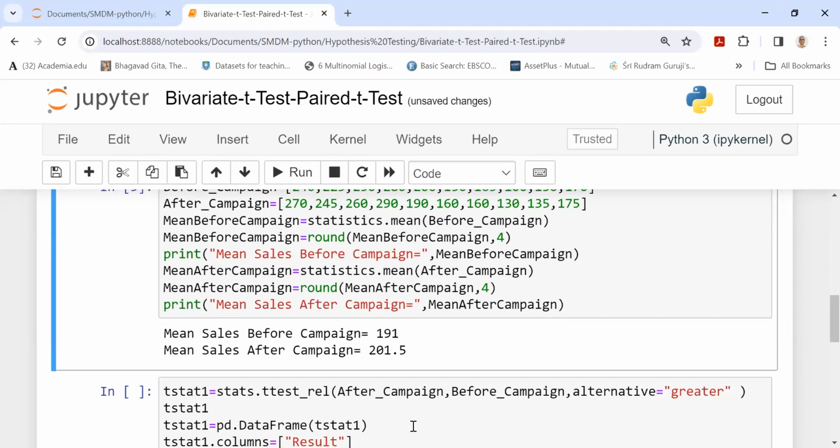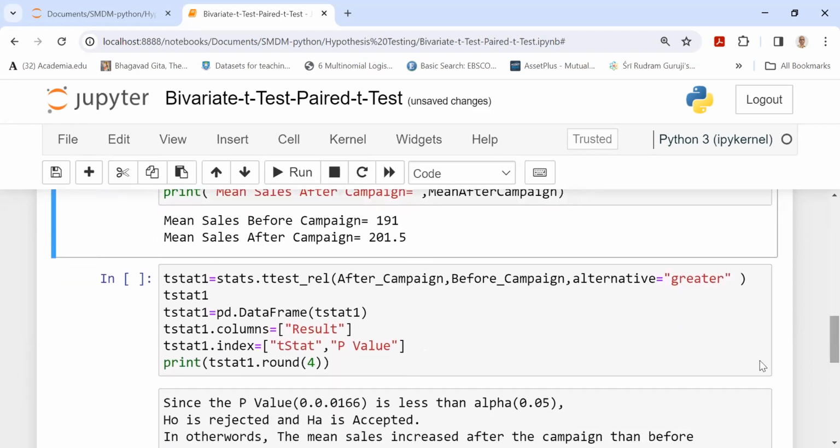But is it statistically significant? We'll have to see this difference so that we can conclude the increased sales is not only practically significant, but statistically significant. Unless it is statistically significant, we cannot say the campaign has been effective.